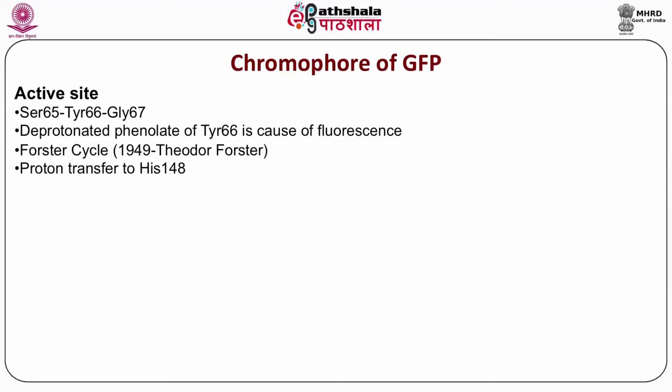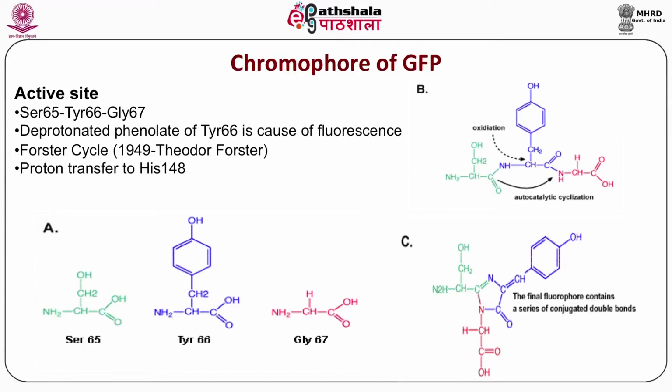You can see here that the deprotonated phenolate of tyrosine 66 is the real cause of the fluorescence, and the Förster cycle leads to the fluorescence properties, with proton transfer from histidine 148. You can see in the structure how the catalytic triad of green fluorescent protein is arranged in three-dimensional space.